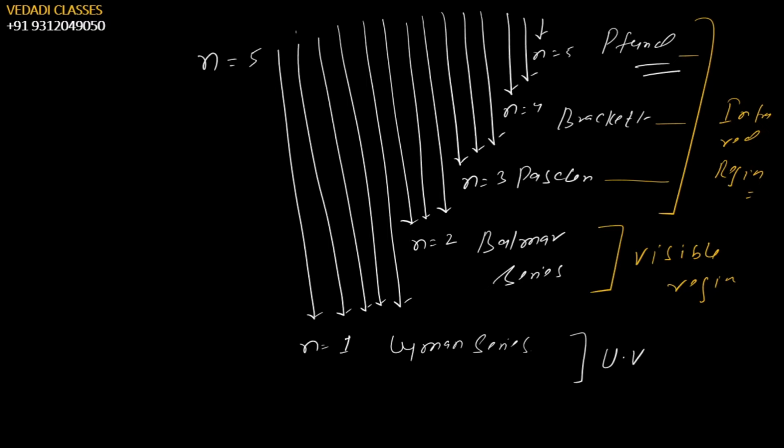So the thing is, when the radiations jump from the first orbit, we have the Lyman series. In case of the Lyman series, n1 will be 1, and n2 may be 2, 3, 4, 5, anything.